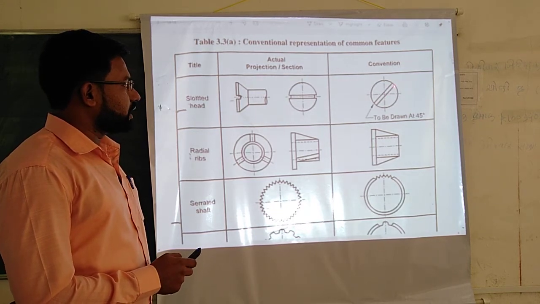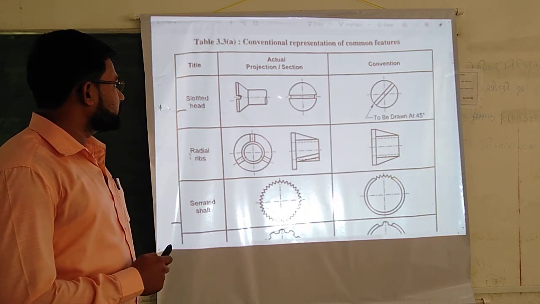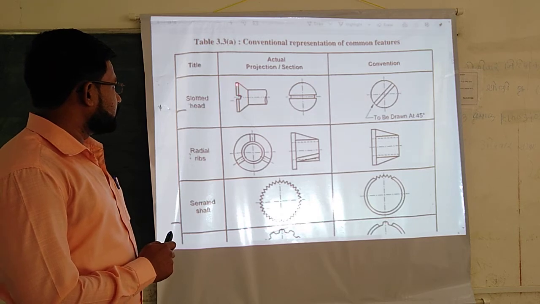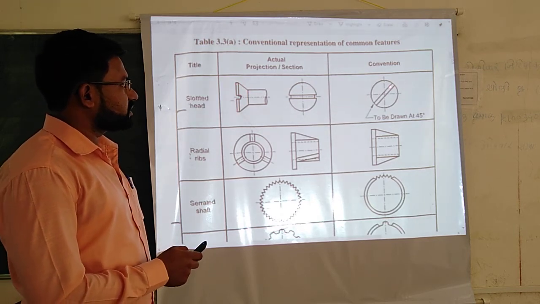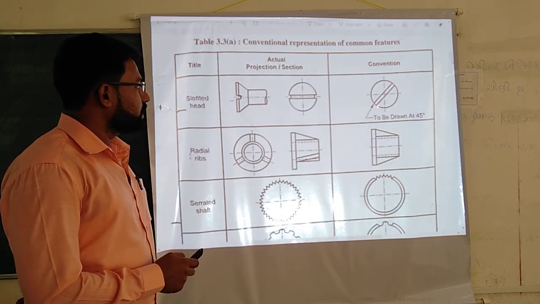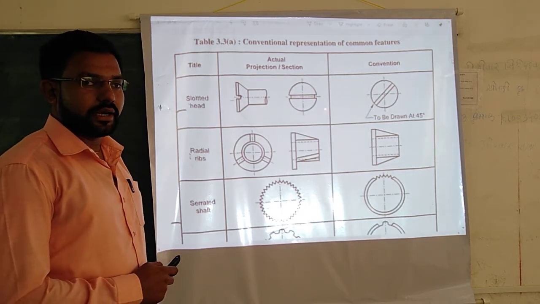These two lines represent the slot. If you observe this from the side view, you will get this circle and this slot, but this slot must be drawn at a 45 degree angle. So this is the convention for the slotted head.